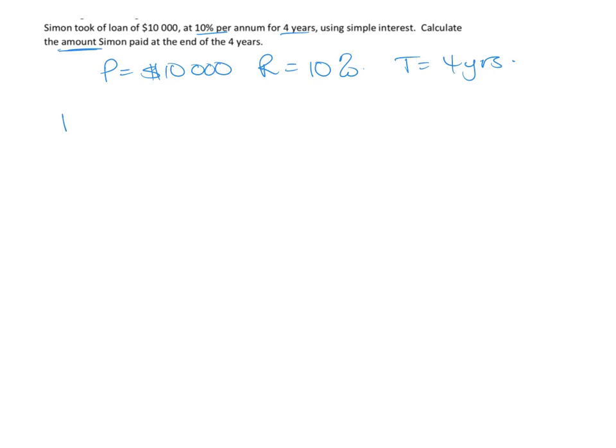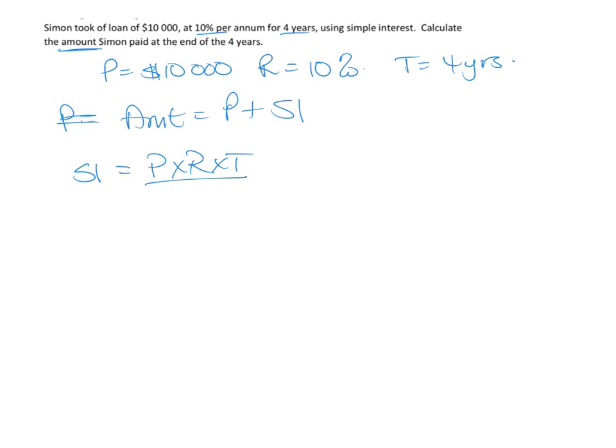And we know that amount is principal plus simple interest. And we know that simple interest is equal to principal by rate by time over 100. So that will give us 10,000 by 10 by 4 over 100.